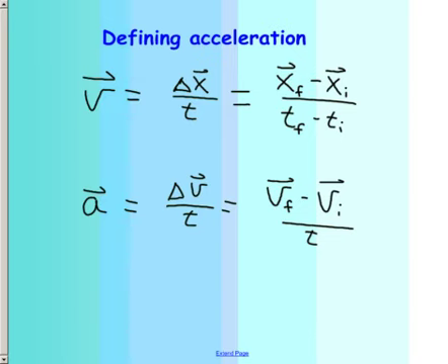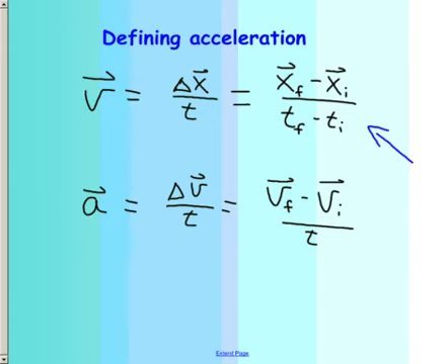Most of you are pretty comfortable with just plugging in the time. So you're going to write down the final position vector, subtracting the initial position vector, and then write in the time. So what we're looking at is just right over here.